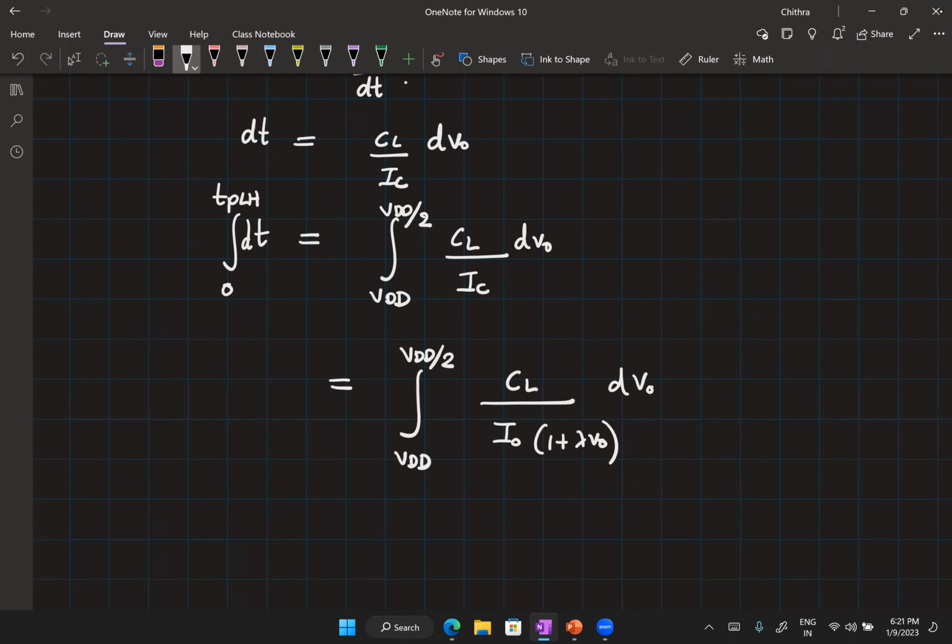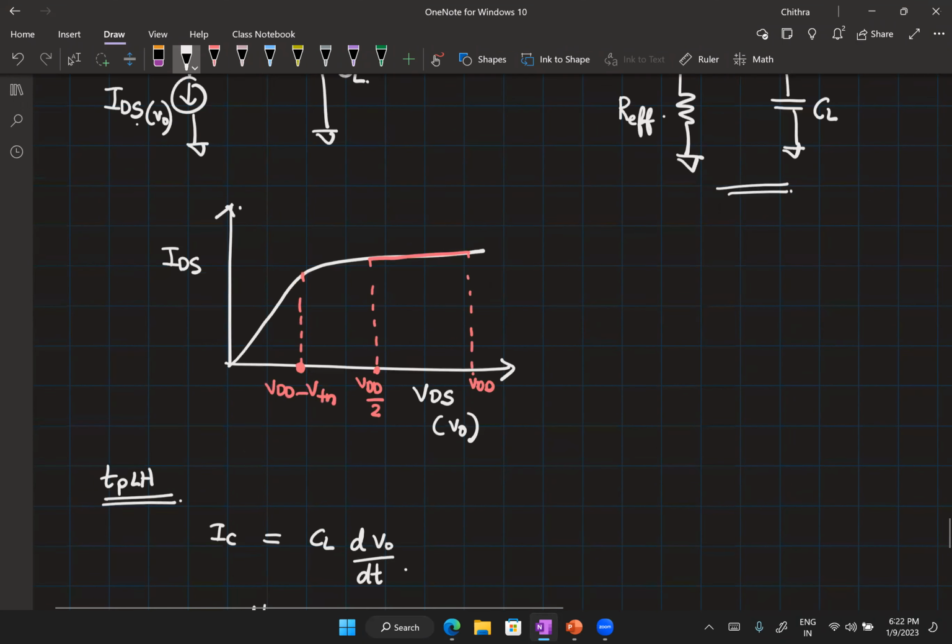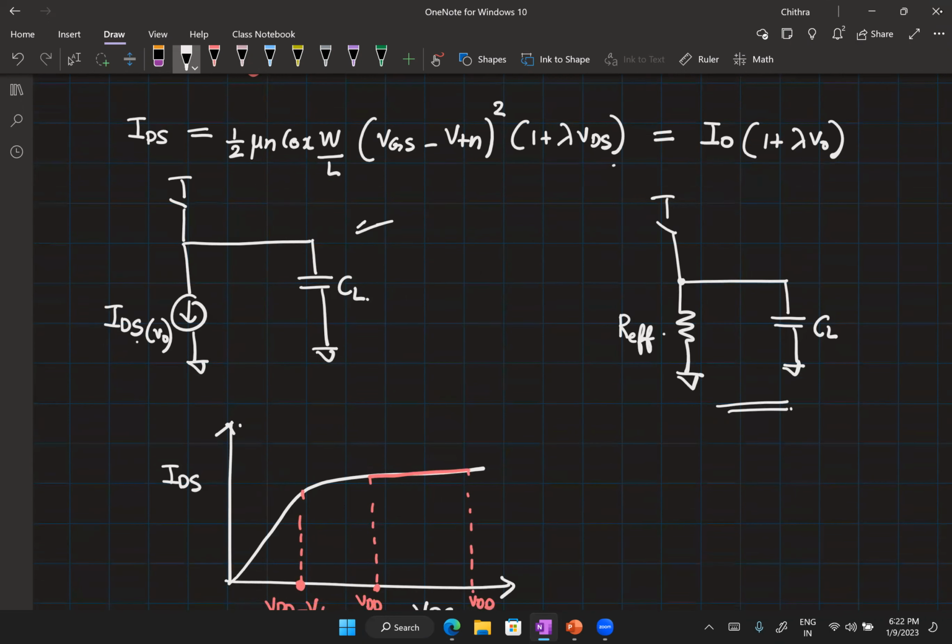Is this equation correct? I have made a small mistake here. Can you tell me what that mistake is?